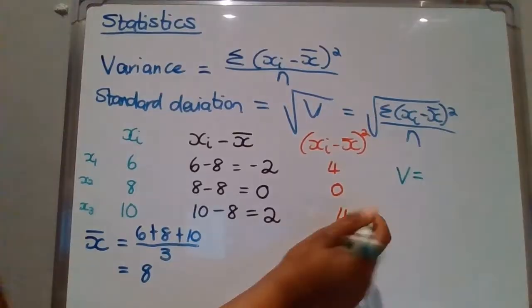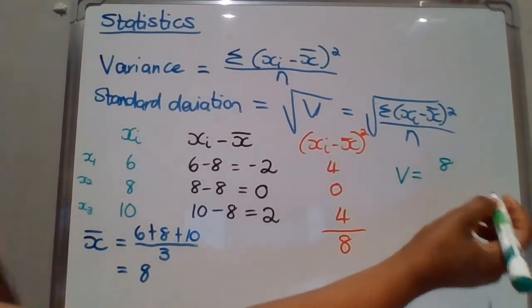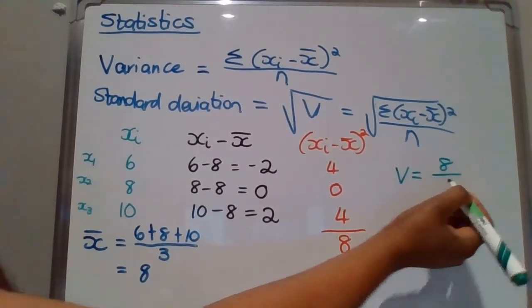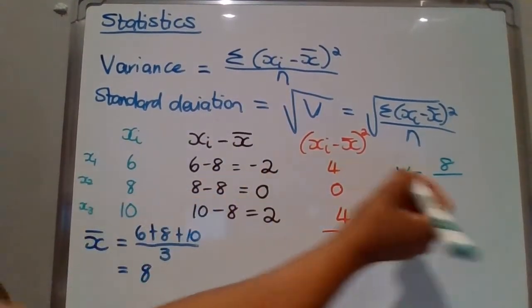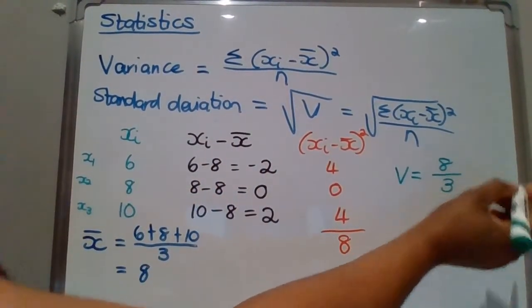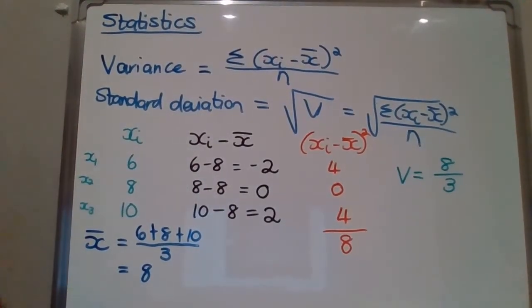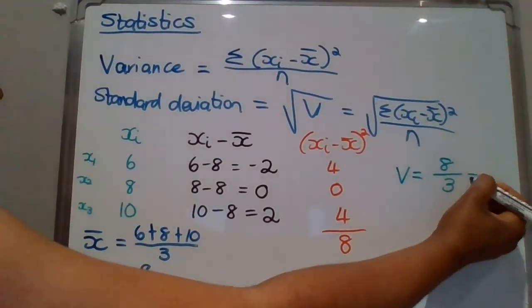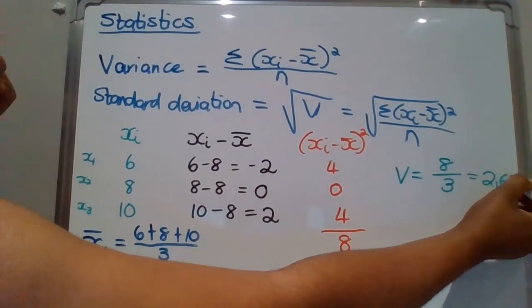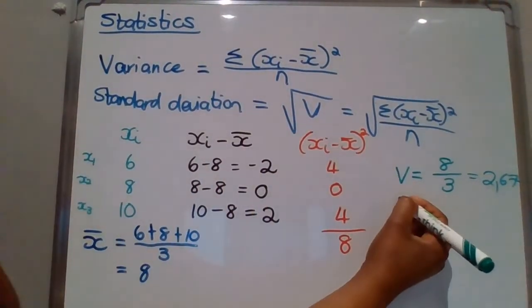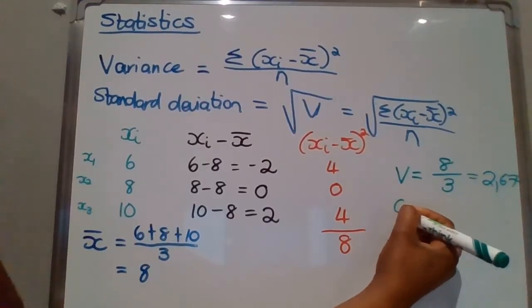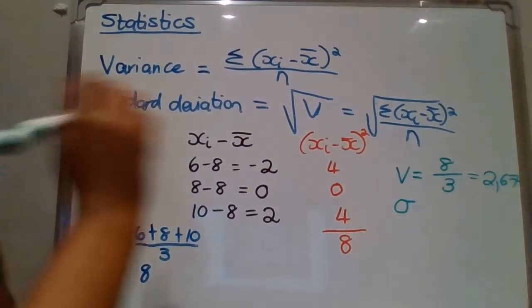So the sum, we had it as 8, and then we say 8 divided by the number of observations, which is 3, and that is my variance, which is equal to 2,67.